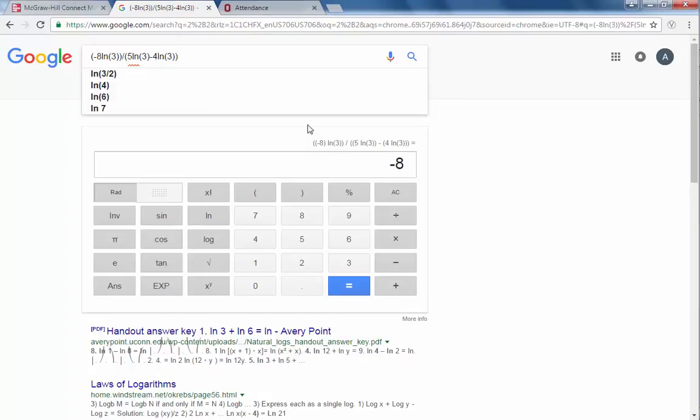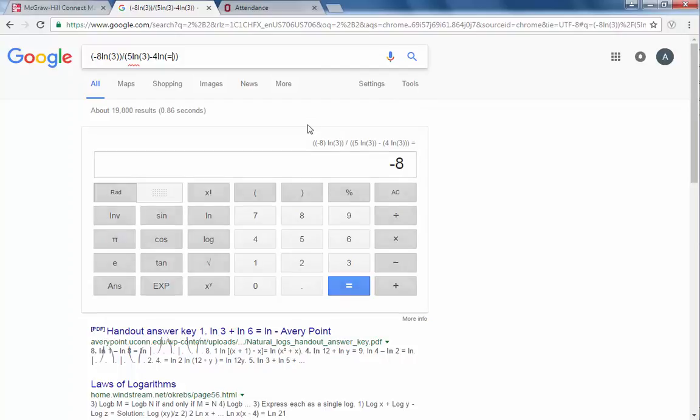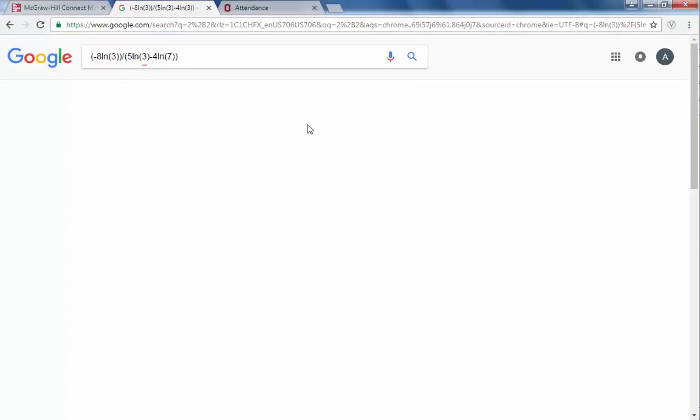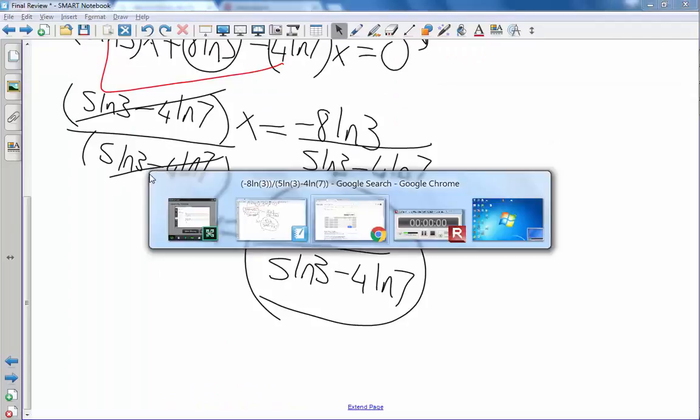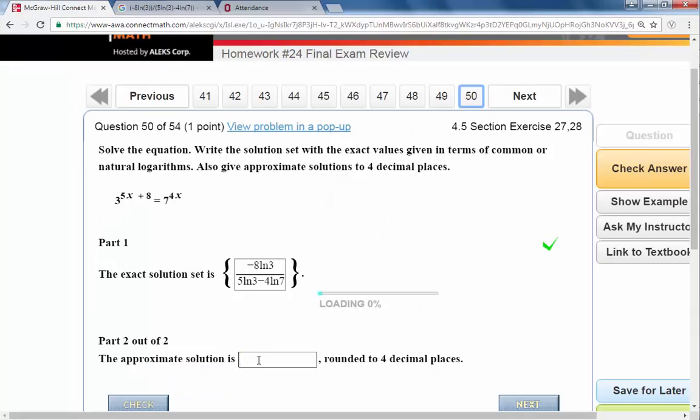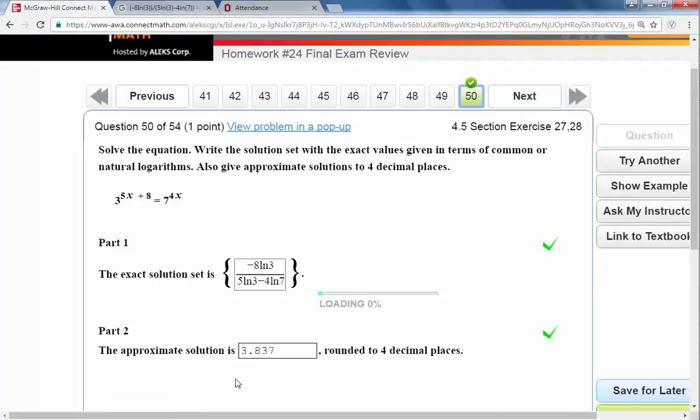Oh yeah, thank you. Up to 4 digits means take the 5th digit and round up. So this is going to be 0, and this is going to be 7. 3, 8, 3, 7, right? Perfect. That was 50. Any questions?